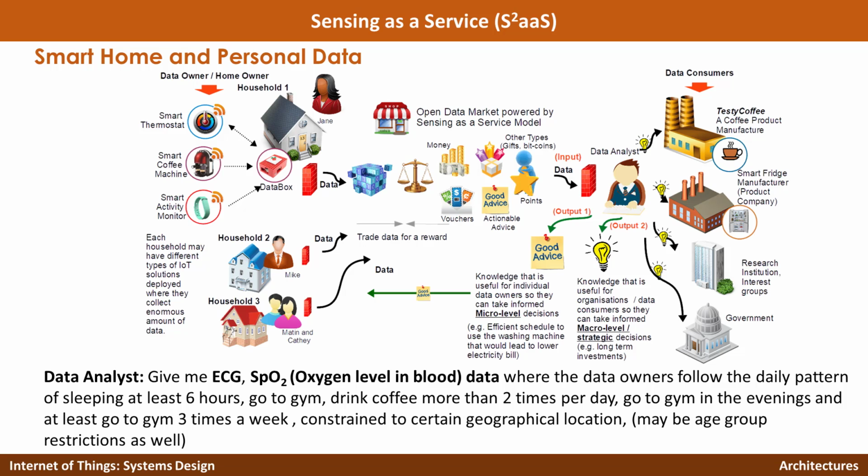You can use different privacy preserving mechanisms like aggregation or minimization, or even onion routing, so you don't know who the person is sending the data. We will be discussing privacy in a completely different lesson. But the idea is that you can analyze or gather very niche and specific data in this kind of marketplace.